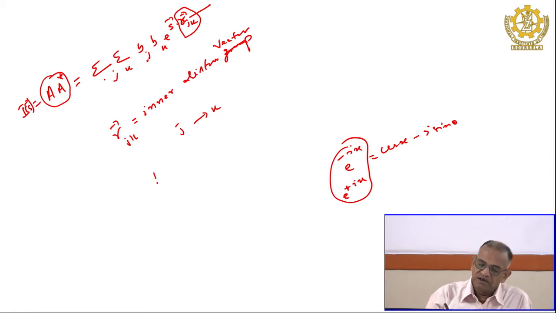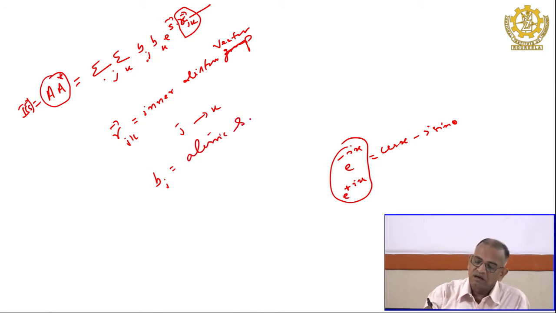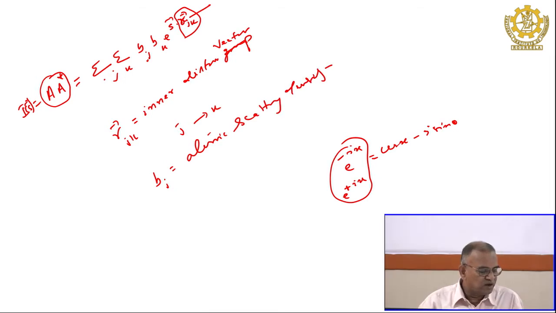And what is this bj? bj is called the atomic scattering density, because it refers to an atom that gives an electron cloud. So, for a heavier atom, what will happen to the b value?